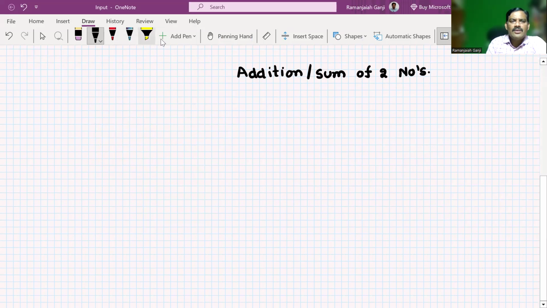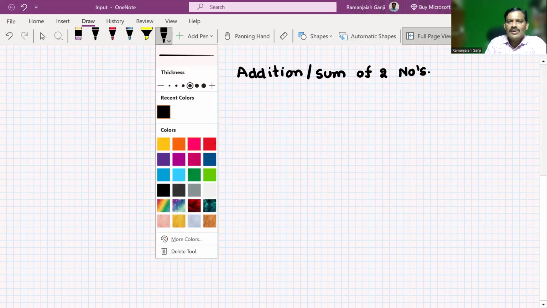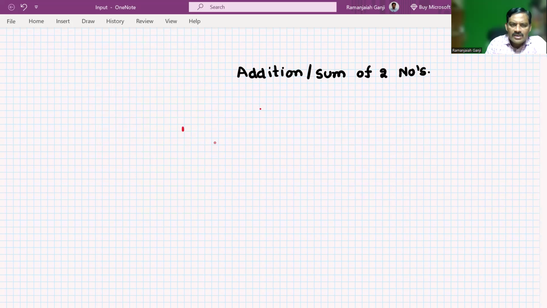Here we have analysis. Analysis includes, I told you, three points: input, process, and output. What is the input?